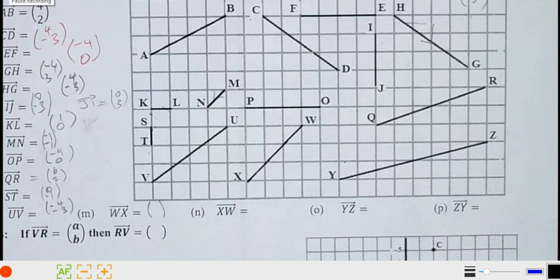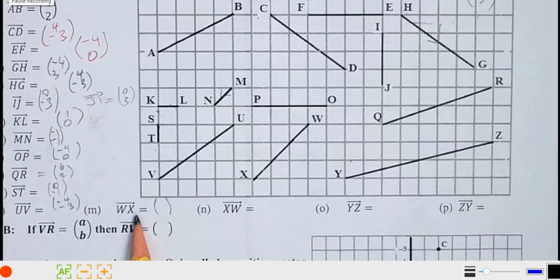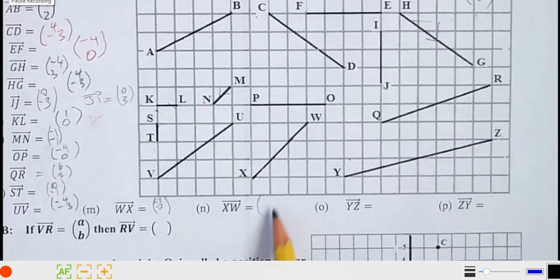Oh, double to X. What are you looking at? Double to X. Okay, she has the wrong one. Not this one. This is the one we're looking at. Double to X. Is it -2, -3? Yeah. Alright, that's correct. Alright, let's do the next one.